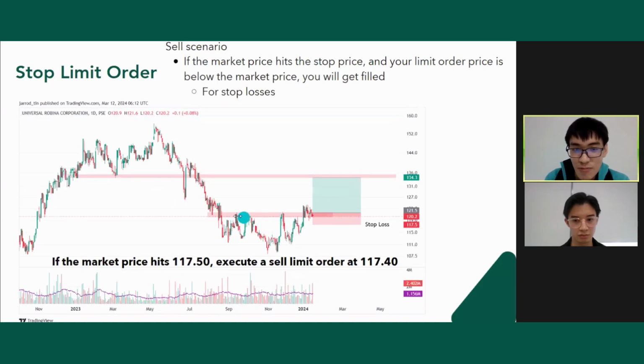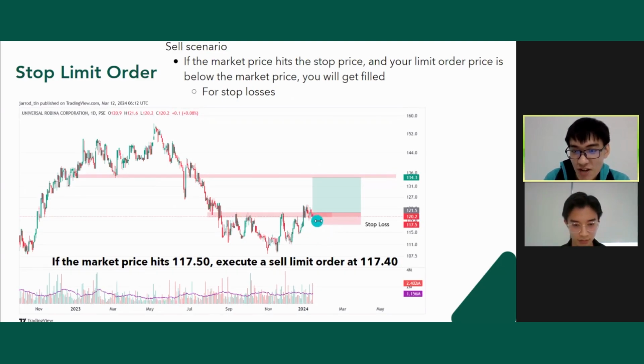So this is for the selling. So let's say, example, URC, you identified na may resistance dito, tapos bumili ka na sa breakout. Then you just want to set your stop loss na automatic, 'di ba, so that di mo na bantayin, right? So you put your stop loss here. So how do you execute that order? That would be a stop limit order, a sell stop limit order. So you place your stop price for the sell stop limit order at 117.5.